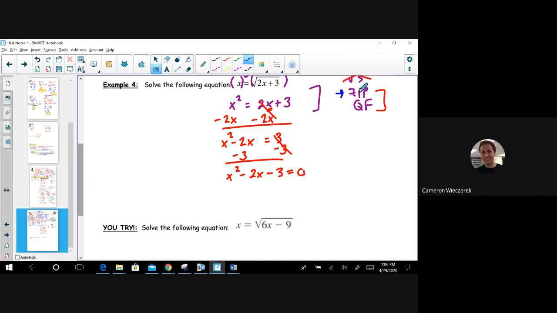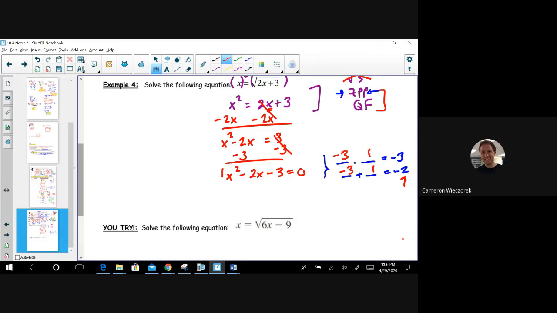Numbers are small, so I'm going to try to use zero product property by factoring. What would multiply to -3 and what would add up to -2 in the middle? Your only options there would be either -3 and 1 or 3 and -1. And we need it to add up to -2. So -3 and 1.